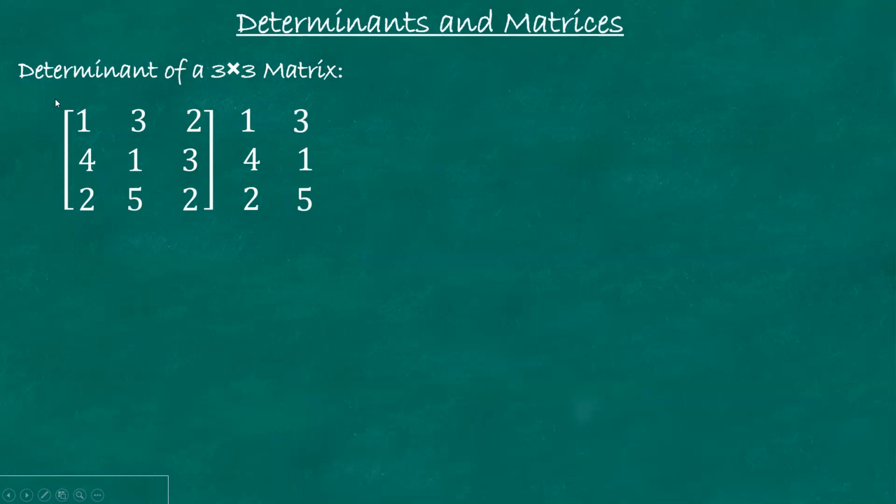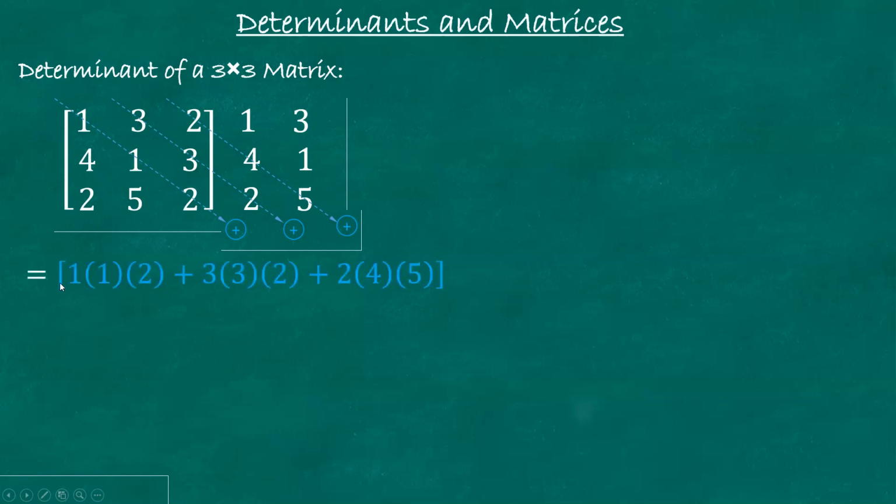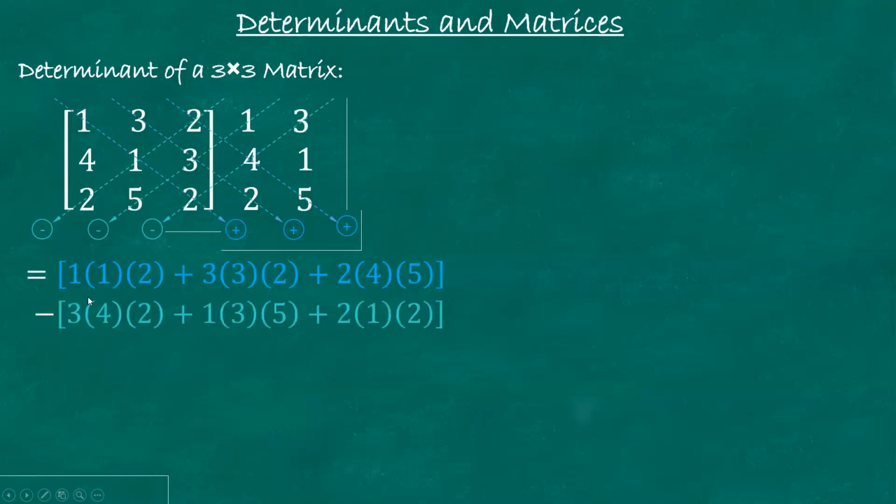And then draw diagonal lines. These are positive: 1 times 1 times 2, plus 3, 3, 2, 2, 4, 5, and then the opposite ones are minus. Close the bracket, minus 3, 4, 2, 1, 3, 5, 2, 1, 2.